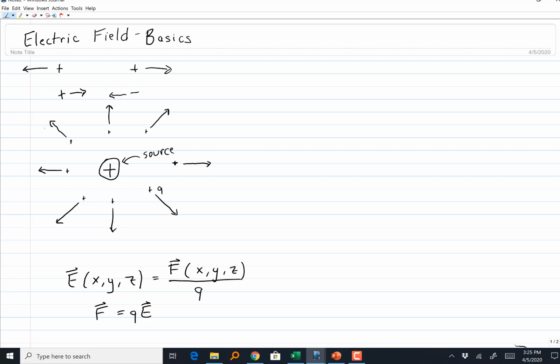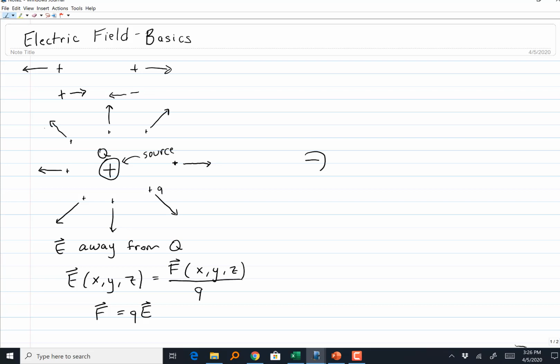The other thing that we can see from this is that the electric field for a positive charge is pointing away from that charge, right? So the electric field is pointing away from the charge, right, my source charge that's in the center here. The exact opposite is going to be true for a negative charge.